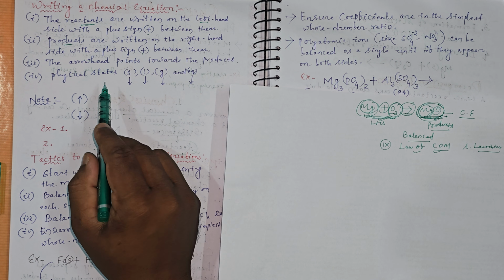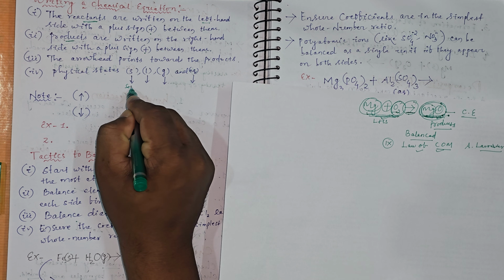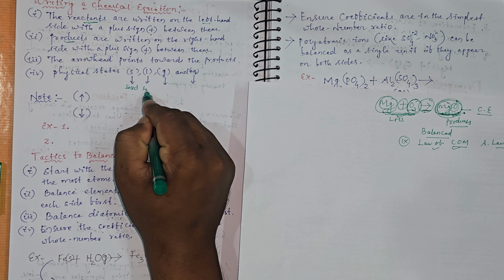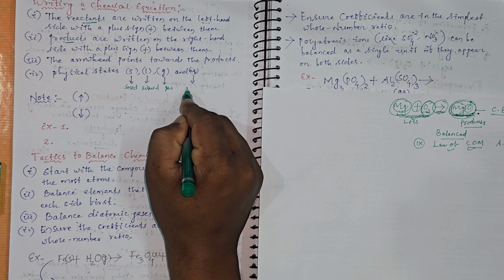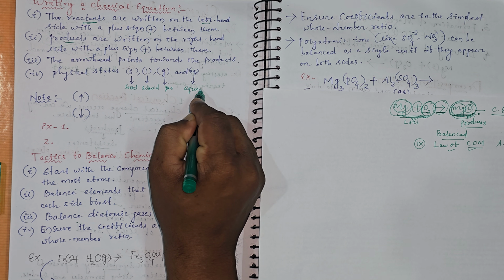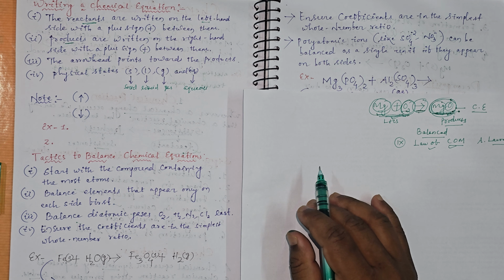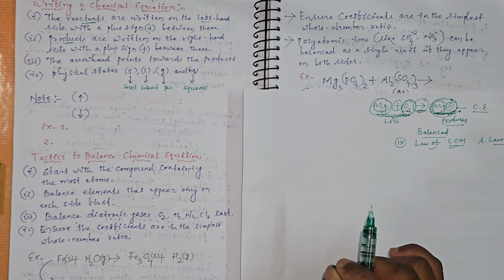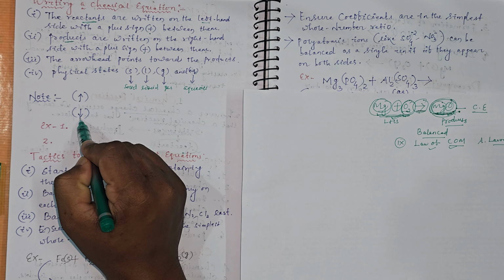And there are certain conditions like that. Physical states: S stands for solid, L stands for liquid, G stands for gas, AQ stands for aqueous. Aqueous means water solution, that is called AQ in chemistry. And there are two specific things you must remember: the upward arrow mark and the downward arrow mark.